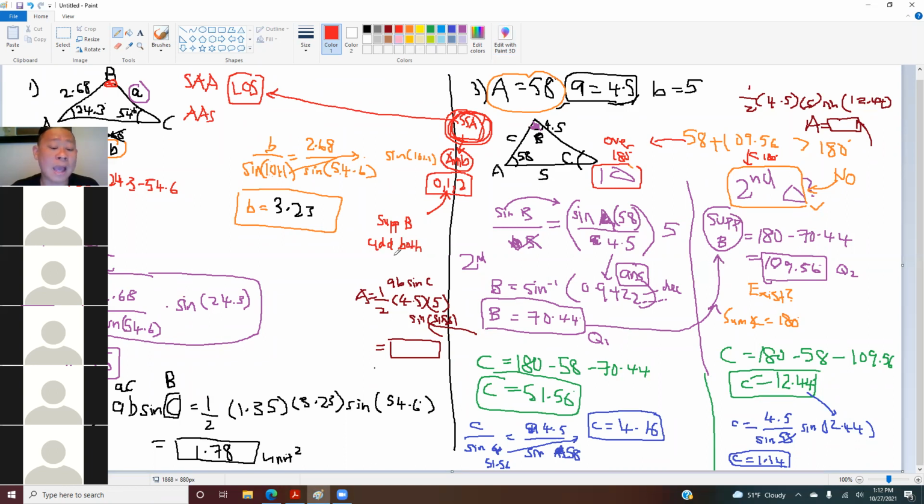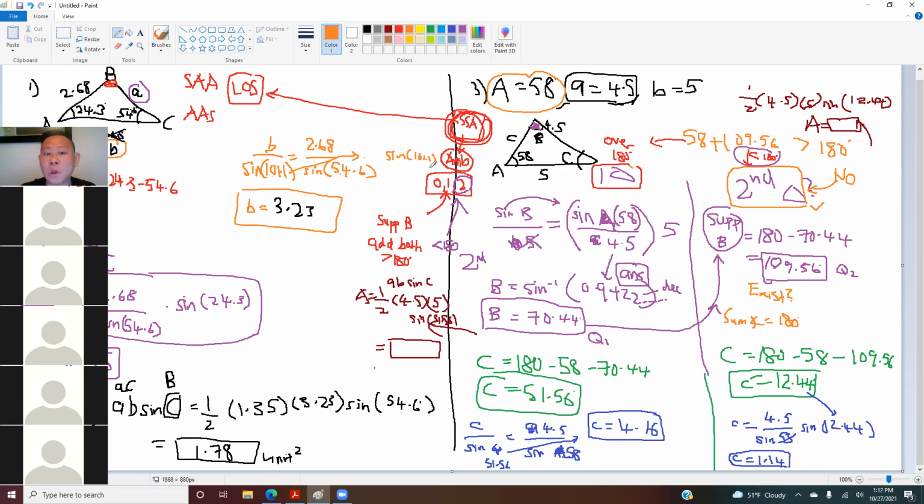If the addition of both angles is more than 180 degrees, then you only got one triangle. What happens if you add both angles and it came out to be less than 180 degrees? Then you will have two triangles, like this case, where the sum is less than 180. So that's why we have the second triangle. Any questions for me here?